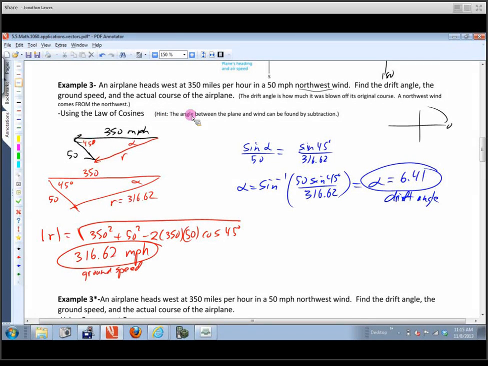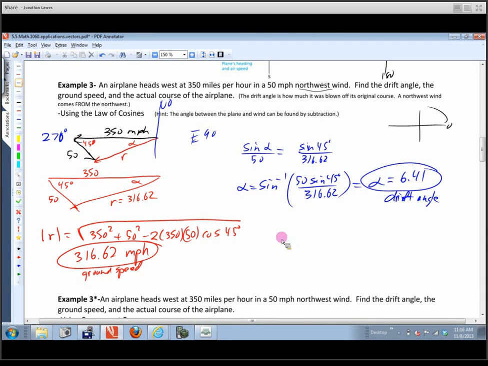Well, if it was heading due west, that would be 270 degrees. That would be a bearing of 270 degrees. Well, let's see. Remember, north is 0, east is 90, this is 180. So we need to back off just a little bit.